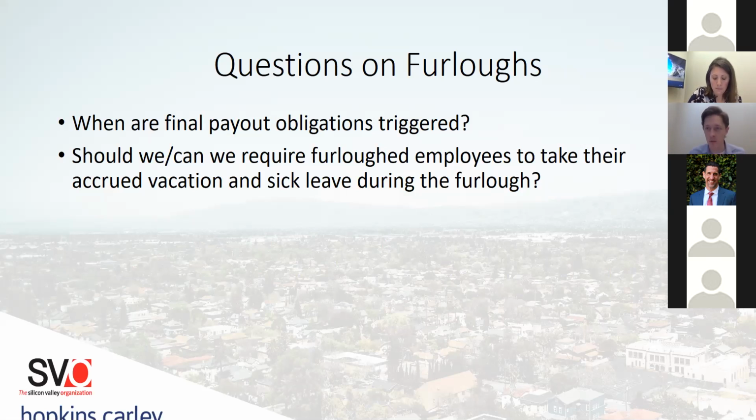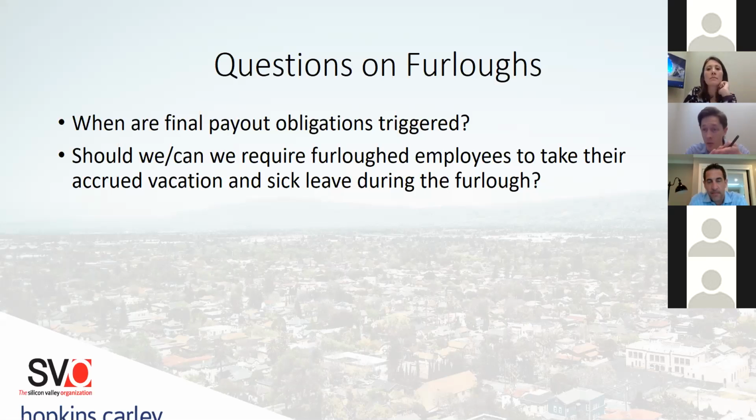The Department of Labor Standards Enforcement, which is the California agency that has part of its charge to enforce the California Labor Code, including the Labor Commissioner's Office, has taken the position about 24 years ago that when you furlough an employee beyond their normal pay period length, so if you've got an employee on a biweekly pay period, 14 days, and you furlough them beyond the 14 days, your final pay obligations to that employee, including all wages owed in that pay period and all accrued vacation and any other accrued PTO that you might normally pay out, are due at the end of that pay period.